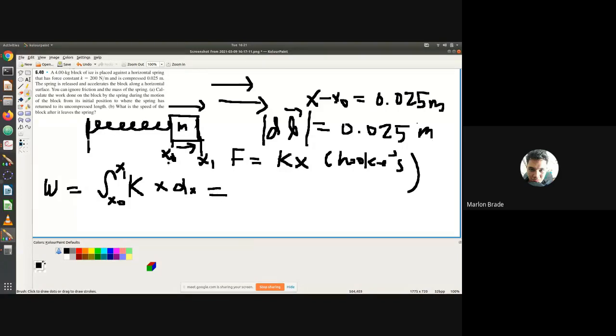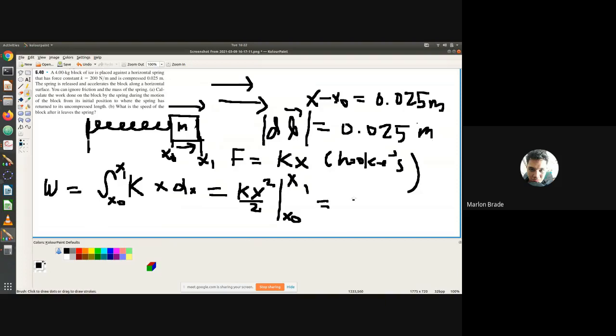But I can call x naught equal to 0, then x1 is 0.025. It doesn't matter, since only the displacement is 0.025. So this is just equal to k times x squared over 2, integrated from x naught to x1.